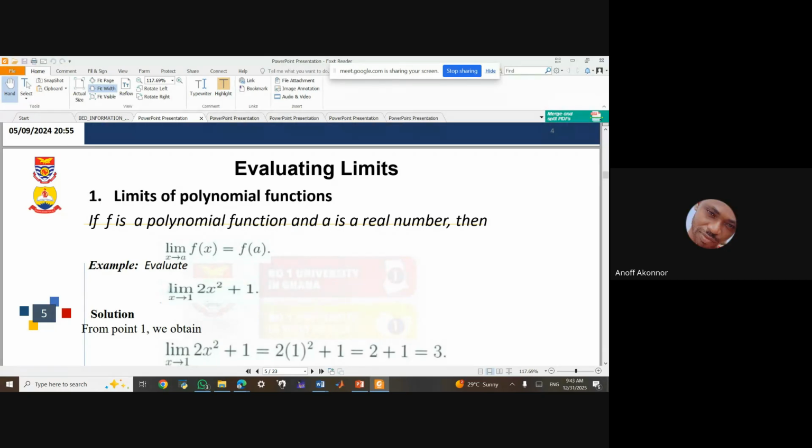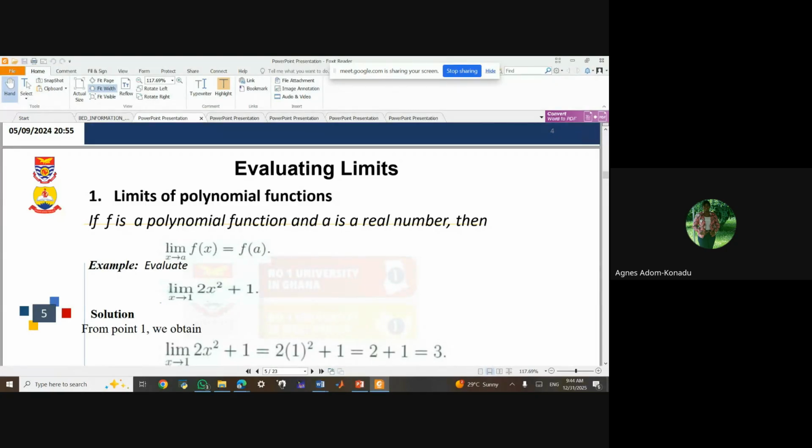F of x equals x cubed plus 2x squared plus x minus 1. What name do we give to the polynomial function you just mentioned? Cubic. Okay, so a cubic function is a polynomial function. Can someone give me another example? 3x plus 2.